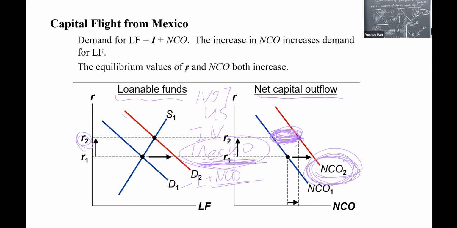And the NCO that changes first will influence the demand curve. The demand curve is going to influence the interest rate, and that will tell you the exact amount of NCO that is going to flow out of Mexico. Again, this is the market in Mexico, not the US.